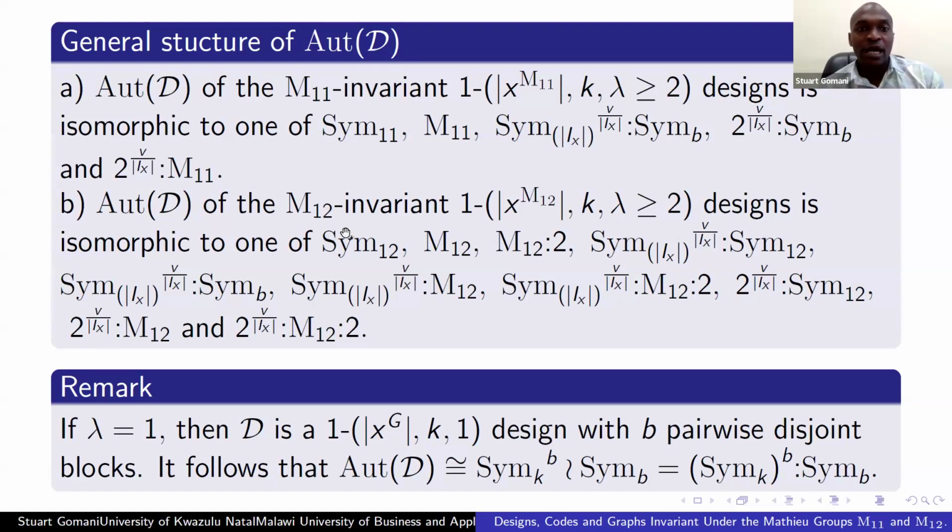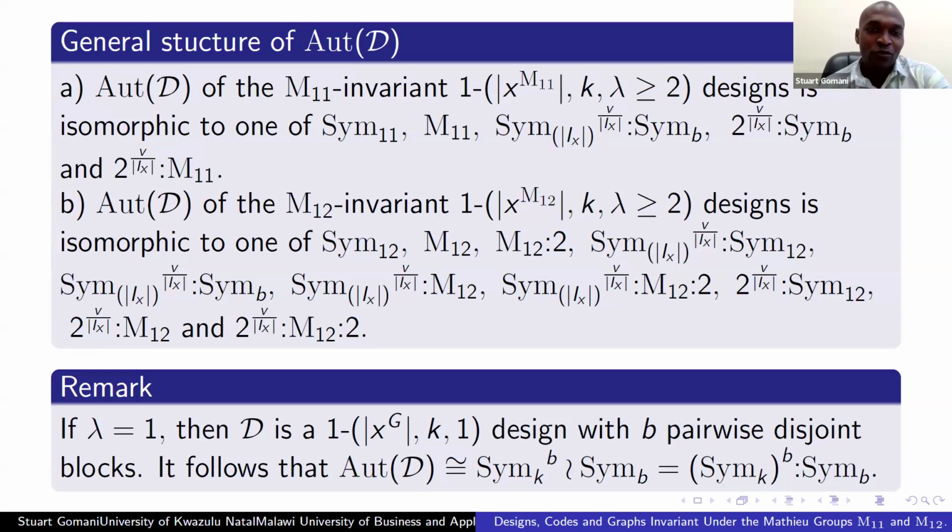Similarly, if the design is an M12 invariant design, then the automorphism group of such design is isomorphic to one of these groups. And again, symmetric group on 12 points, M12 on 12 points, and the extension of M12 with a subgroup of order 2 are the typical groups that are automorphisms of designs constructed from conjugacy classes of elements of order 2.